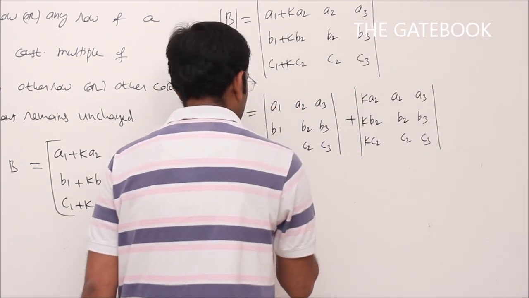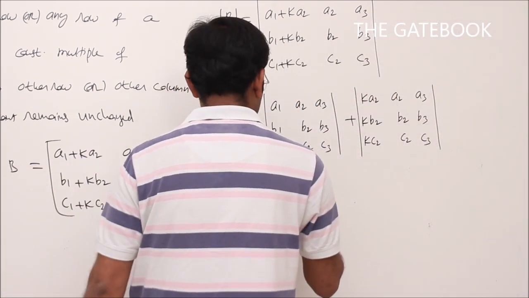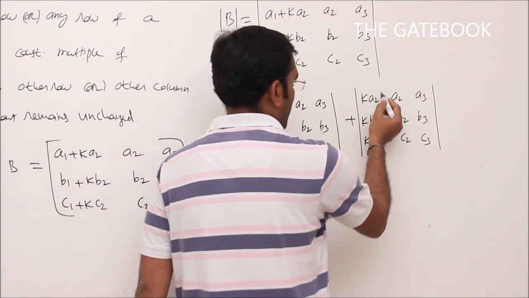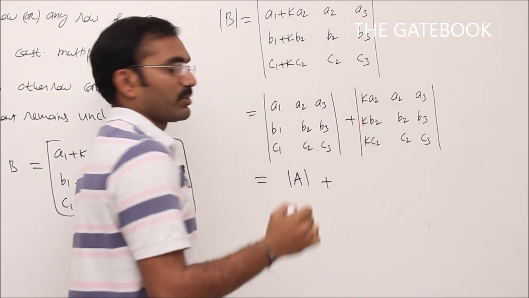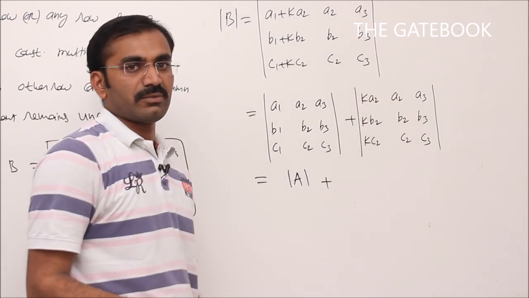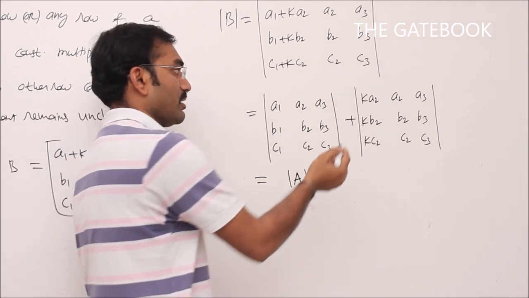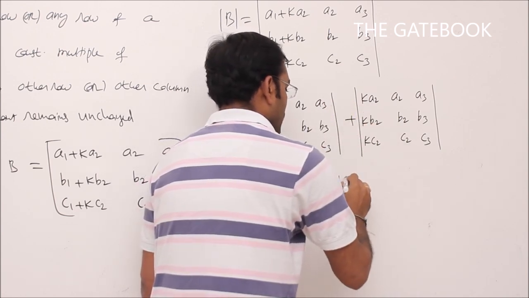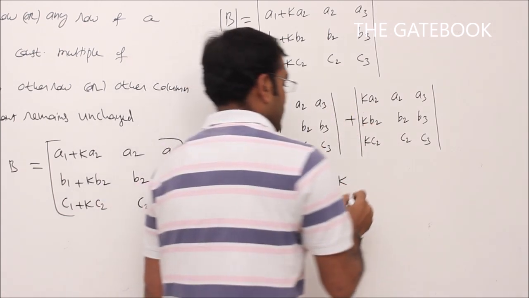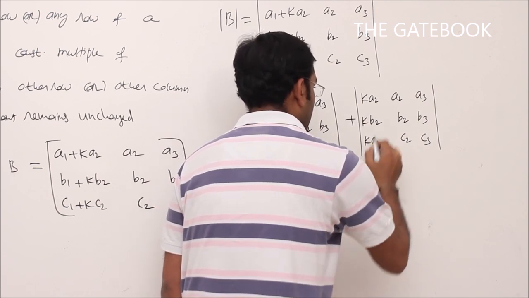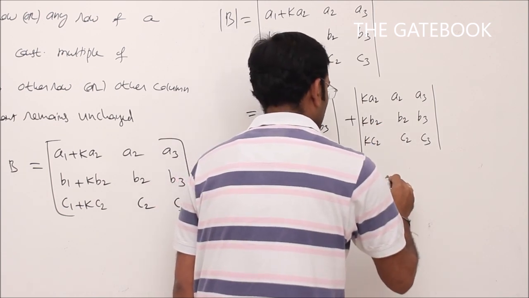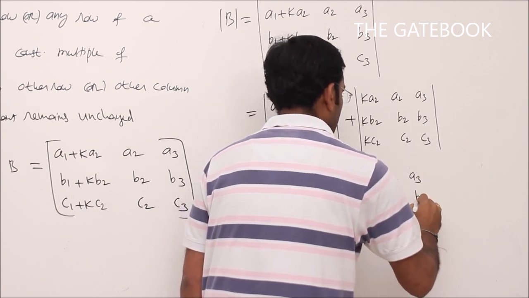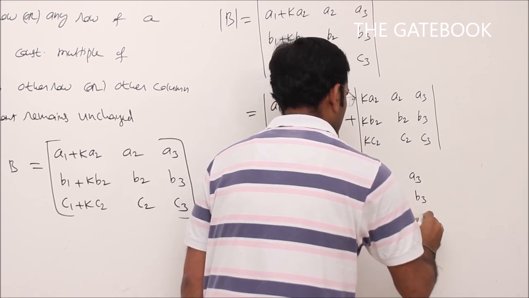Now, again see here, this is the determinant of A, plus, here taking K common from the elements of the first column. I said one property: if elements of any row or any column are multiplied by a constant K, then the determinant of that matrix is K times the determinant of the original matrix A2, A2, A3, B2, B2, B3, C2, C2, C3.